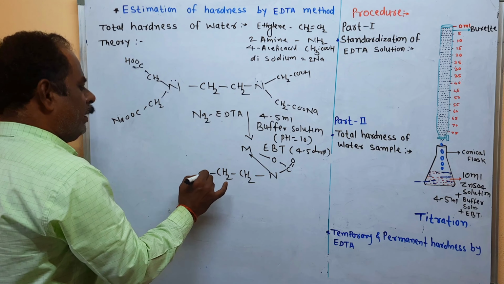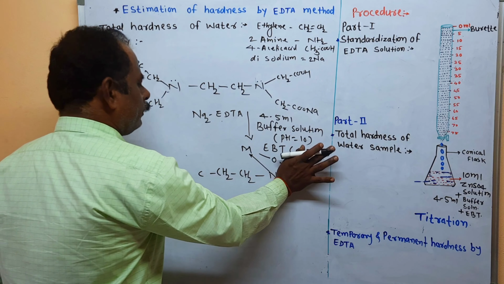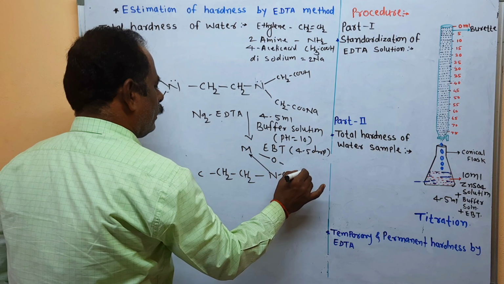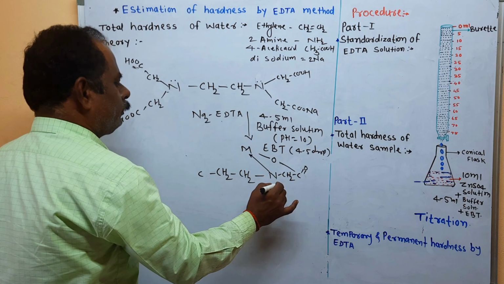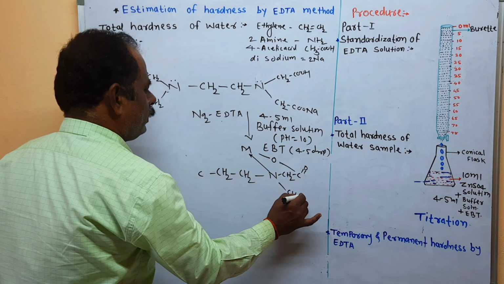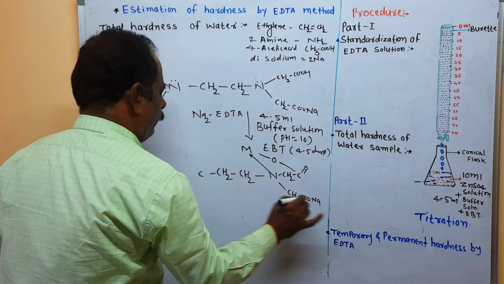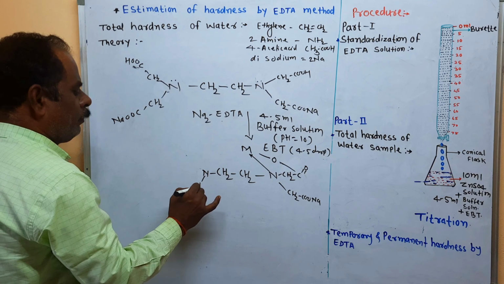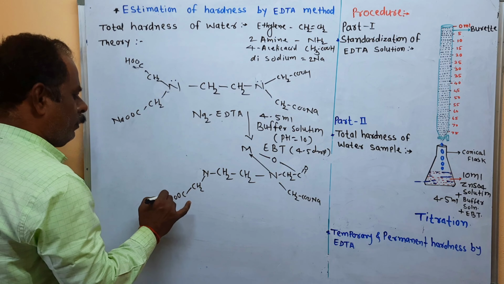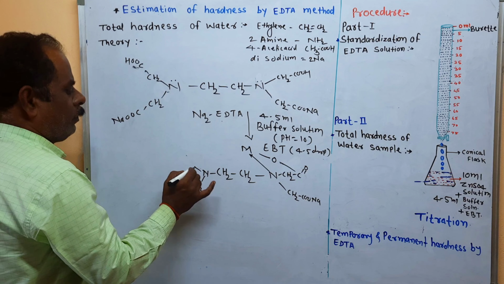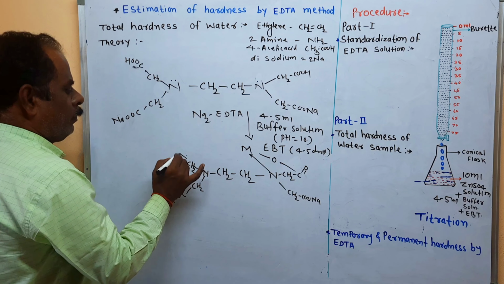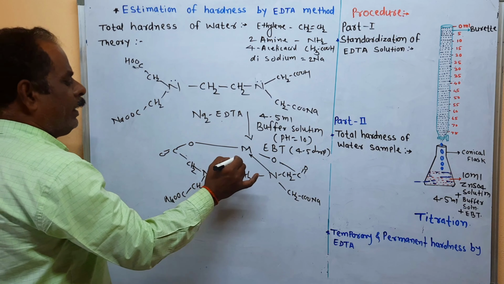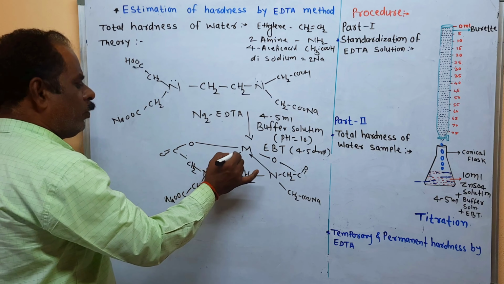Similarly, in the other carboxylic group, CH2 C double bond O, CH2 CO, here also the nitrogen atom and oxygen atom form a bond with the metal, and this metal forms a coordinate covalent bond.